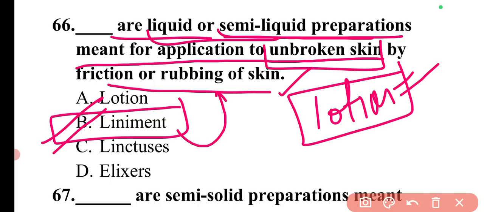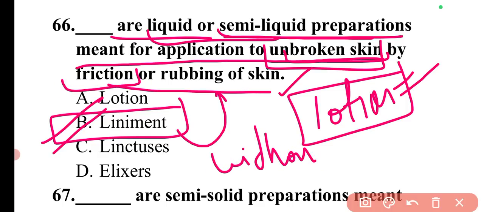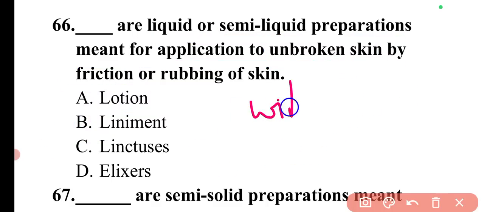The opposite is the lotion, like if it is on the broken skin or without friction. You need to remember without friction is lotion and with friction is liniment. You can simply remember with and without.